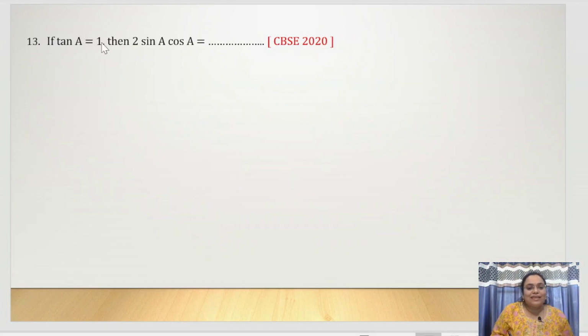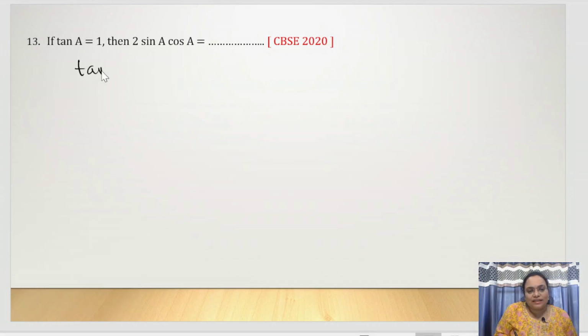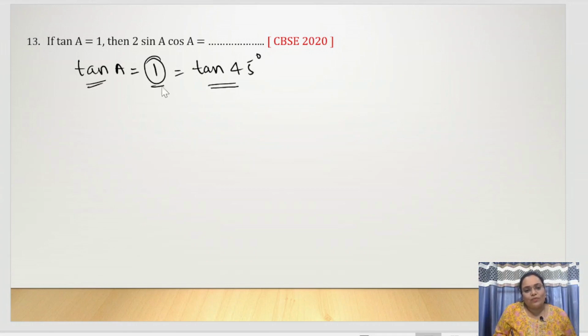If tan A is equal to 1, then we need to find 2 sine A cos A. The given is tan A is equal to 1. What is 1 in terms of tan? It is tan 45. Yes, tan 45 is 1. So from here we can say A is 45.